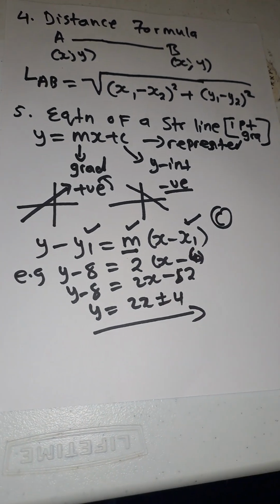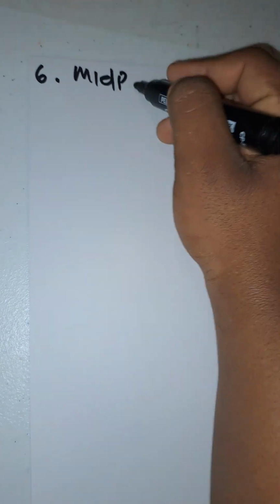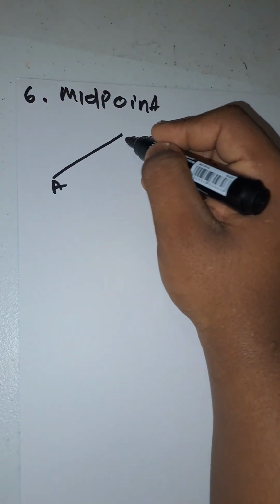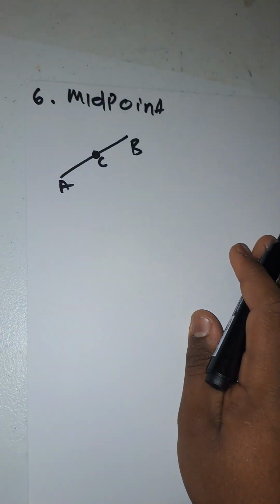So let's go to the midpoint. The midpoint is whereby you have two points and a point that is between them. Like I have A and B, then there is C here. C is the midpoint of AB. This is how it works.